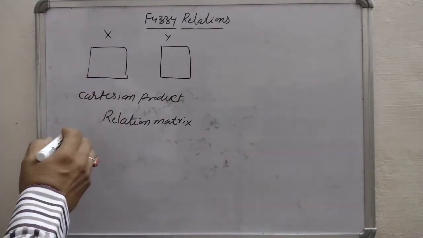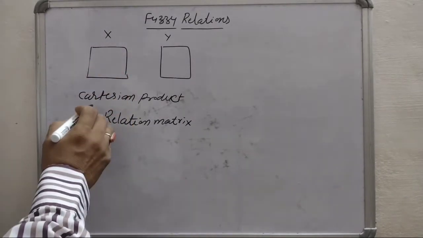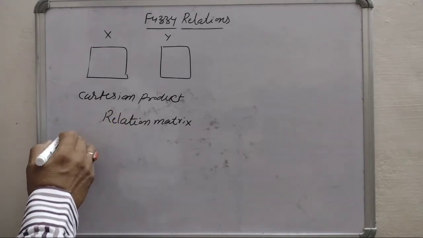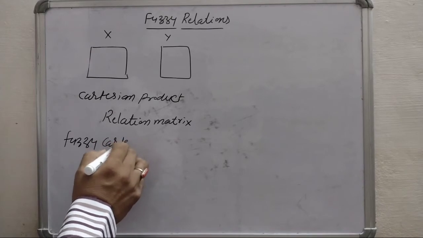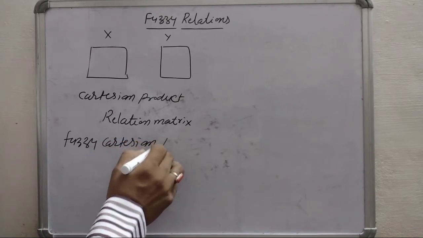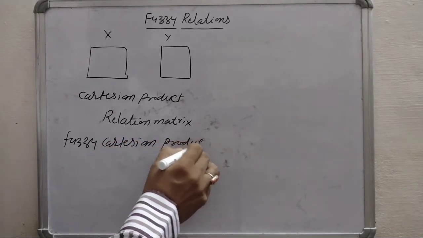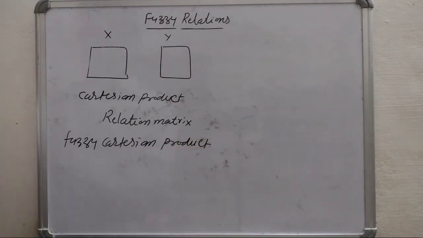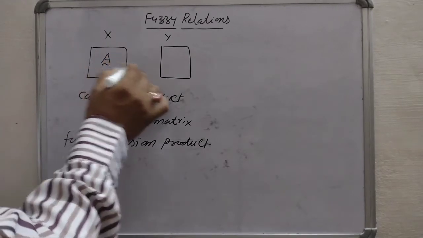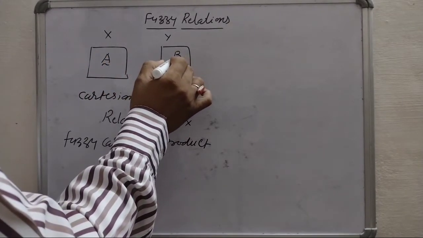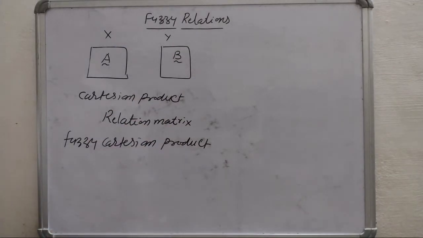So now we will study how to calculate the fuzzy Cartesian product. Let one universe be X, and suppose there is a set A here, and on universe Y suppose set B is there.